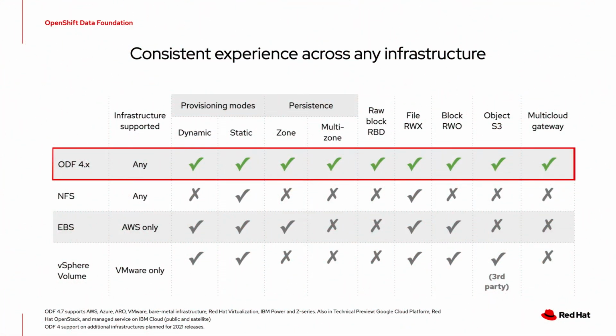And whether you're deploying on bare metal virtual machines across a private cloud or on one of the public cloud services, you're assured of a consistent user experience with dynamic and static provisioning models. And not only are you protected from failures within an availability zone, but you also have persistence across failure zones.